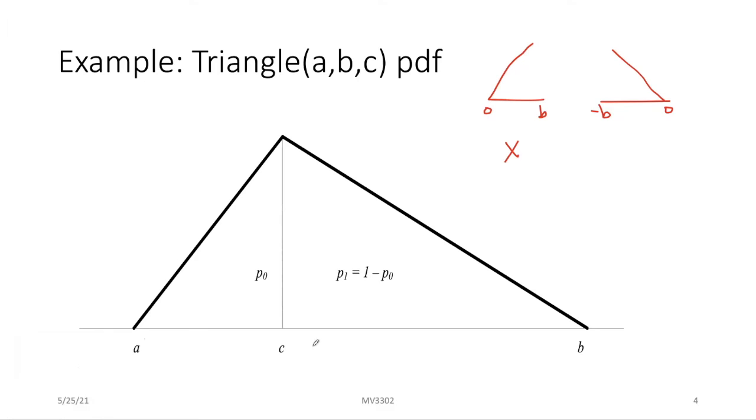So here I have A to C, and here I know how to do 0 to B. So if I have an X that gives me 0 to B, how can I turn that into, or let's say I have one that goes from 0 to 1, for example. Let's take B equal 1, and then turn it into one of these. Well, what I can do is my B is equal to C minus A. And then I want it shifted over by A.